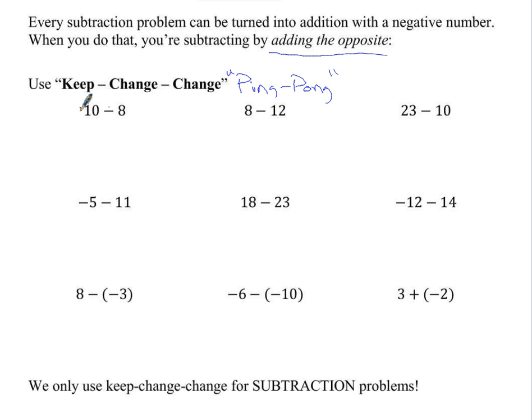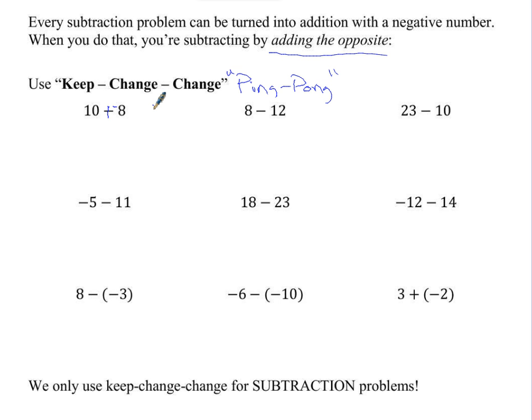So you're going to keep the sign of the first number, stays positive, change the subtraction into addition, so that's their first change, and then change the sign of the second number. That is keep, and then change, and then change. So keep, change, change. Or you could call it ping. Ping would be turning the minus into a plus, and then pong would be turning the next number into a negative. Keep, change, change, or ping pong.